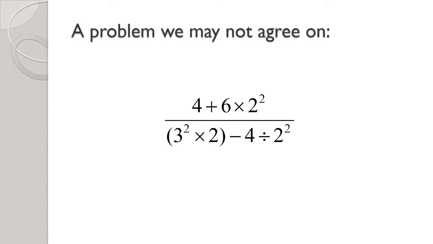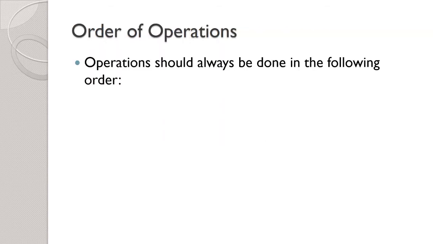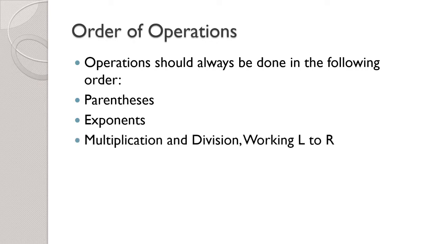But first of all, let's review something that I'll bet you remember from at some point in math that you've learned before. So when we have more than one operation, we should always do them in this order. We start by doing any work that's inside parentheses. Parentheses tell us that we should prioritize that step. Next, we take care of any exponents. Those are numbers that are multiplied by themselves repeatedly.